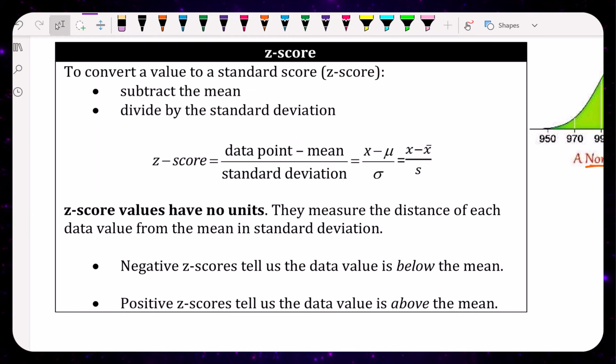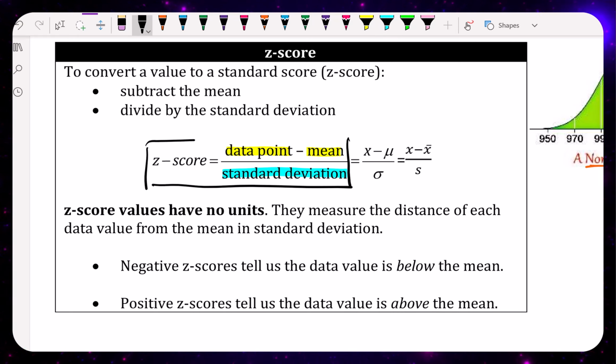Above this, at the beginning of your notes, it had you find the value minus the mean, and divide by the standard deviation, which gave you your z-score. This is what it looks like on your formula sheet. It is in words. It does not use symbols, which is awesome, but you do need to know how to use it and why you're using it.